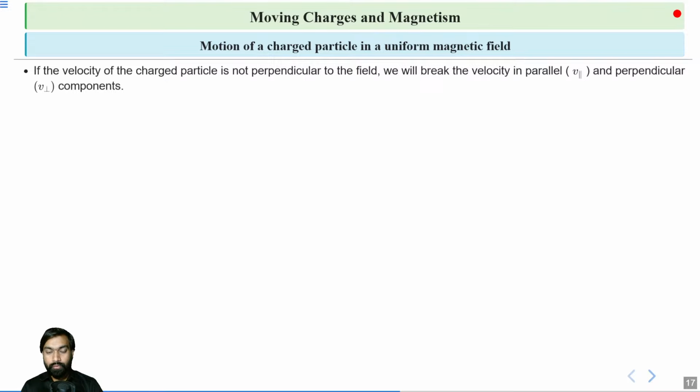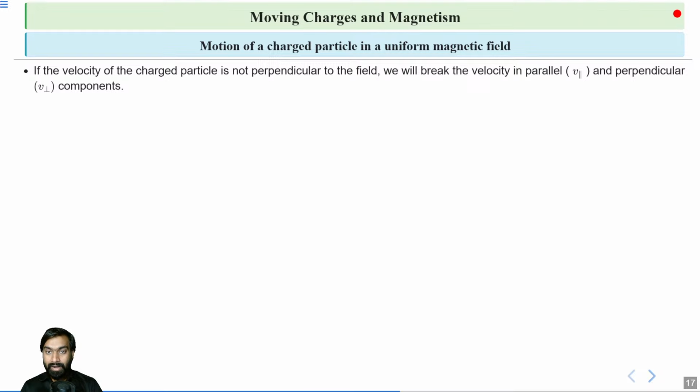The question arises, why do we break it this way? Think about it, everyone. Because the magnetic force only acts on the part of the velocity that is perpendicular to the magnetic field.